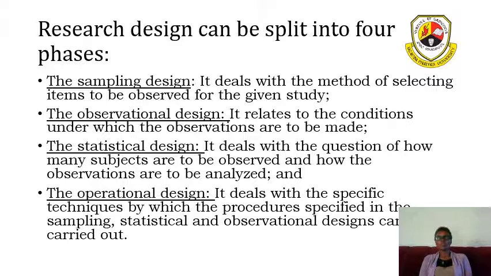So I'll give an example. Let's say an IS student says that I would like to develop a mobile application, maybe to support expectant mothers in either rural areas or urban, depending. Maybe it's, let's say, urban areas. Then for this student to be able to come up with this application, the student would have to ask the question of what do I need to observe to help me come up with this mobile application?